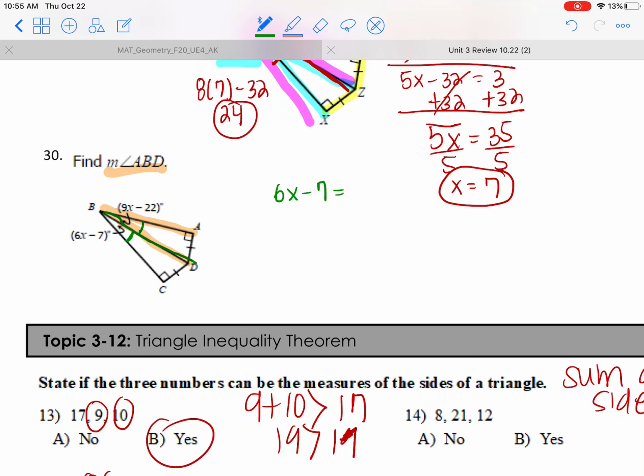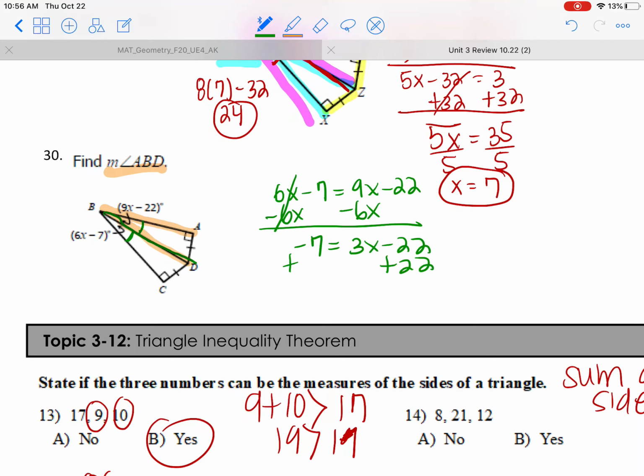6x minus 7 equals 9x minus 22. So we move the smallest x term, cancel the smallest x term, right? So negative 7 equals 3x minus 22, plus 22. So this is 3x equals 15. Divide by 3, and x equals 5.